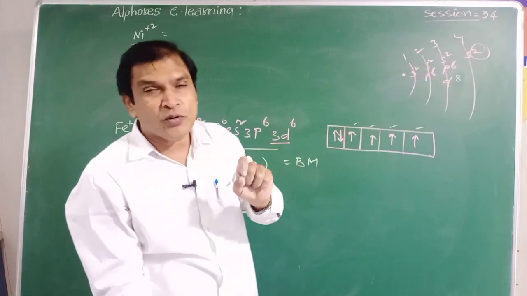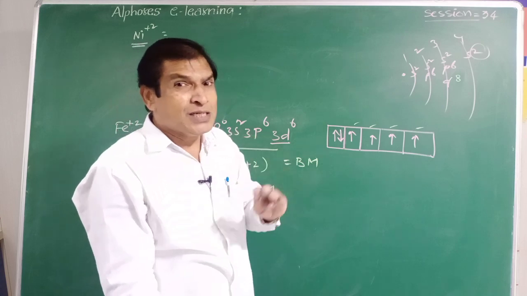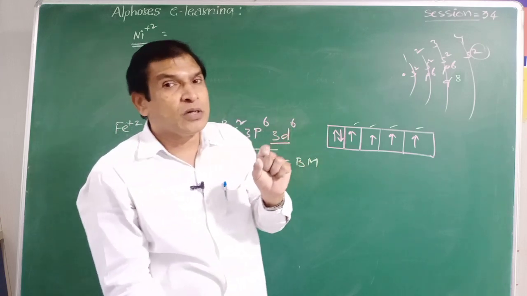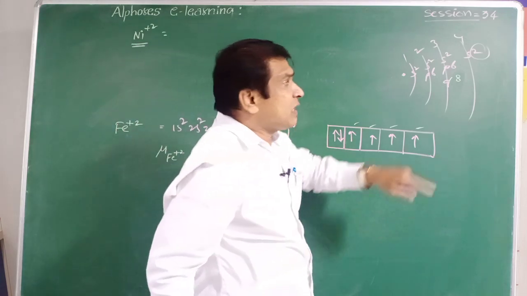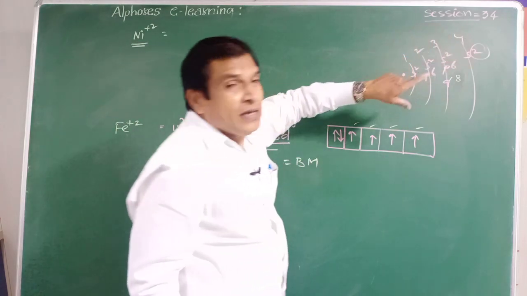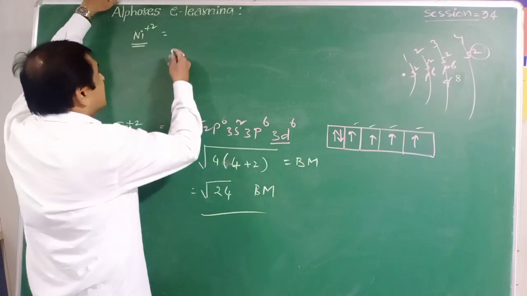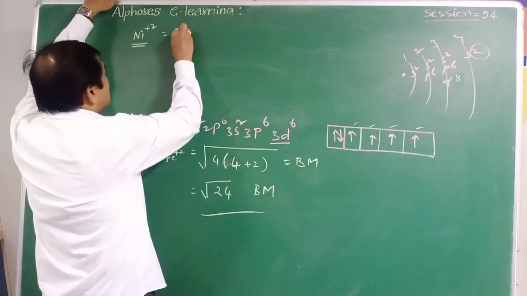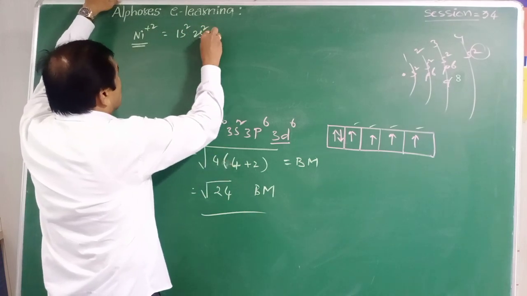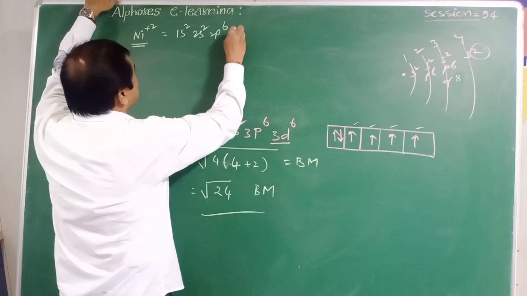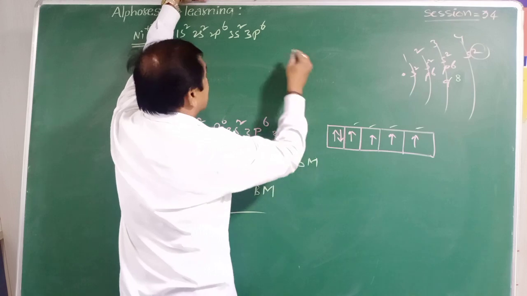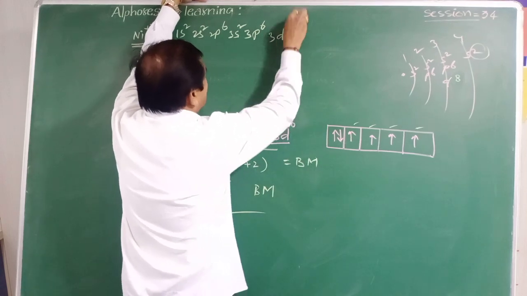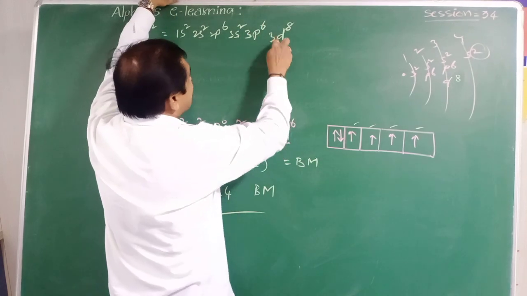It does not lose the 2 electrons from the 3d orbital; the 2 electrons are lost only from the 4s. That point you should remember. So the configuration of nickel plus 2 is 1s2, 2s2, 2p6, 3s2, 3p6, 3d8. The 4s electrons are gone, and the d orbitals contain 8 electrons.